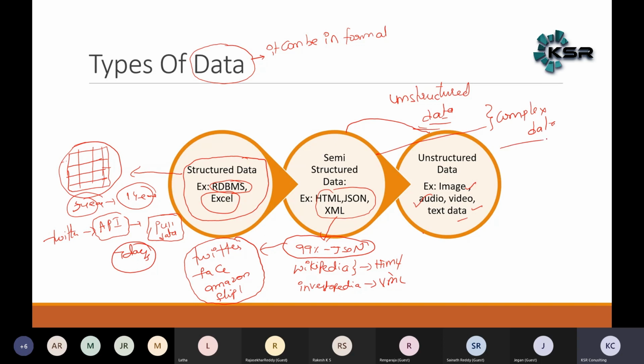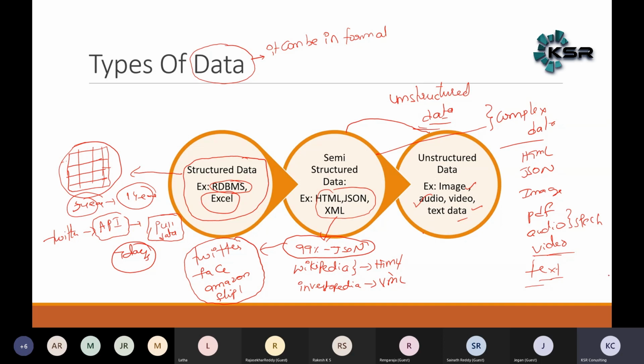Any data in the form of HTML, JSON format, image format, PDF, audio, video, and audio means speech also comes under audio. So speech, video, text data, these all come under complex data.